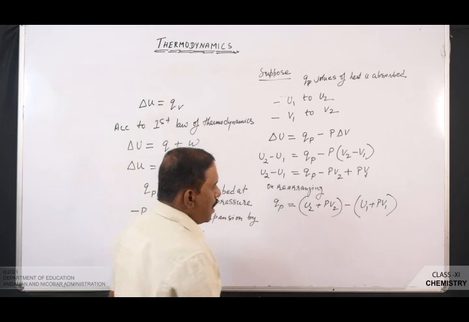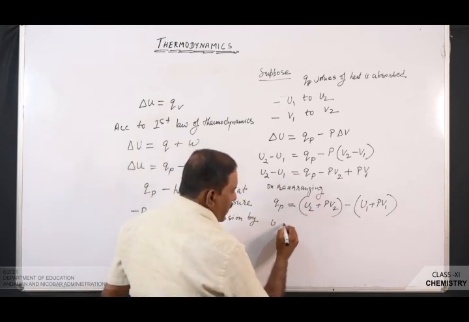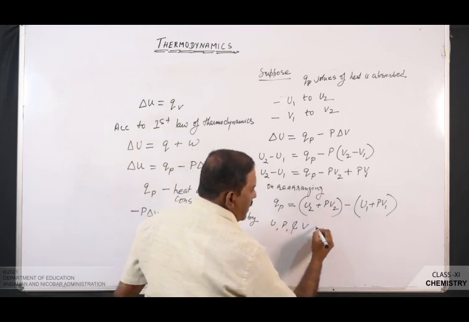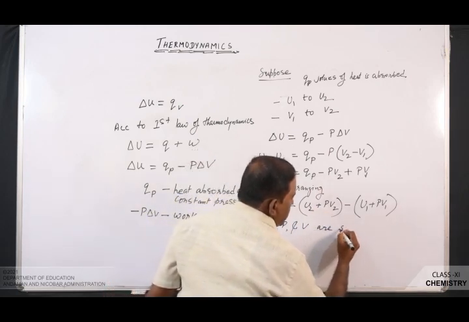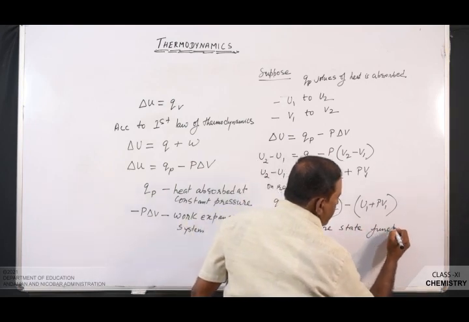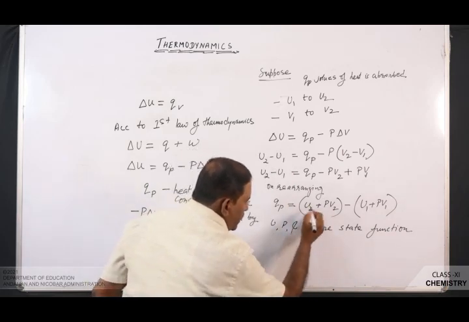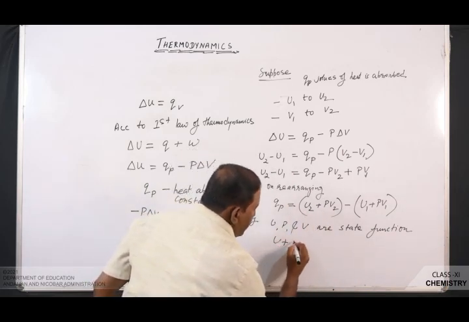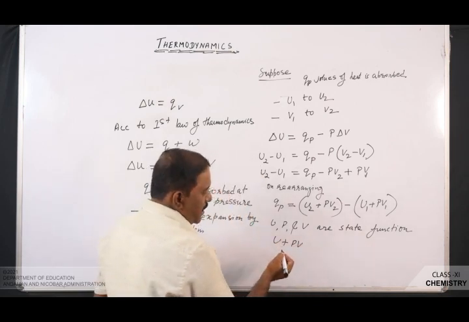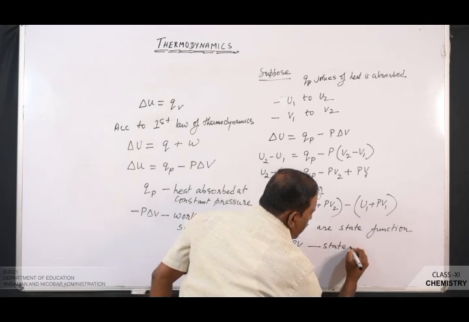Okay, students. Now we know U, P and V are state functions. When they are state functions, the quantity that we got, that is U plus PV, must be a thermodynamic state function. So this is also a state function.